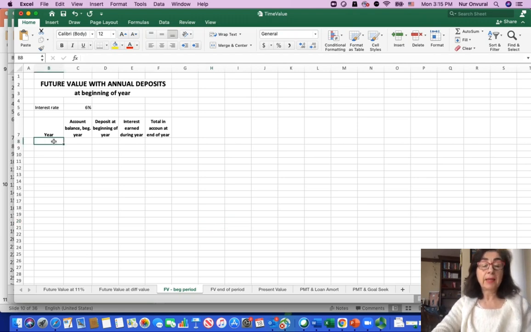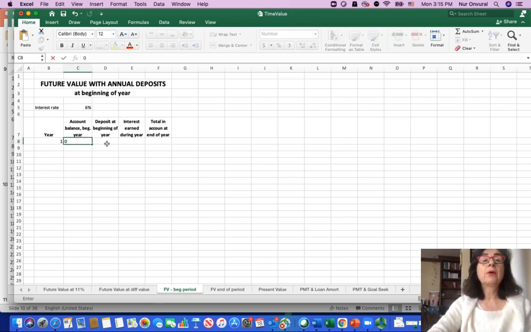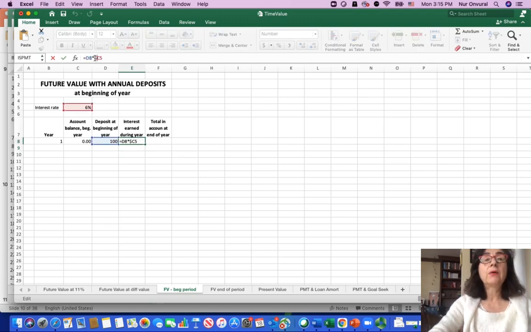So we said that, well, we are at year one, beginning balance is 0, but then there is a deposit of $100, and we know that the interest is going to be equal to that value times the interest rate. Again, that interest rate is not going to change, so we can always make sure that we fix that value.